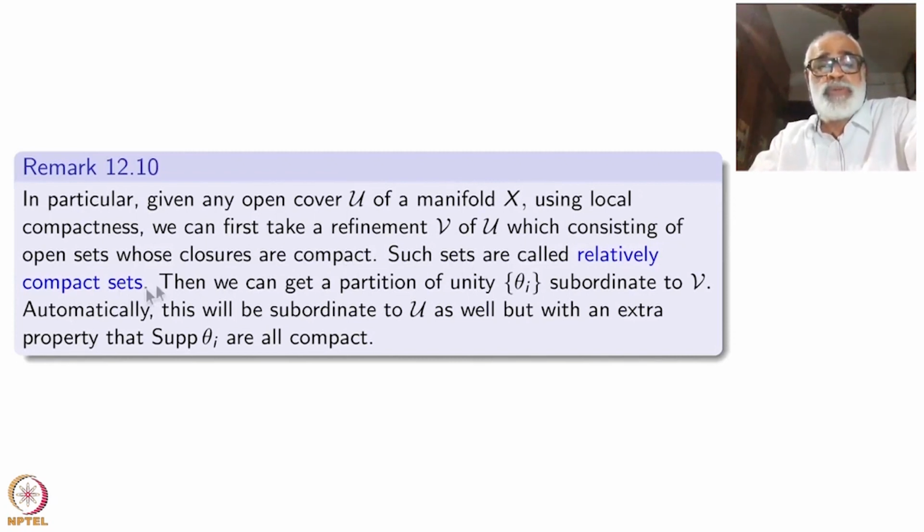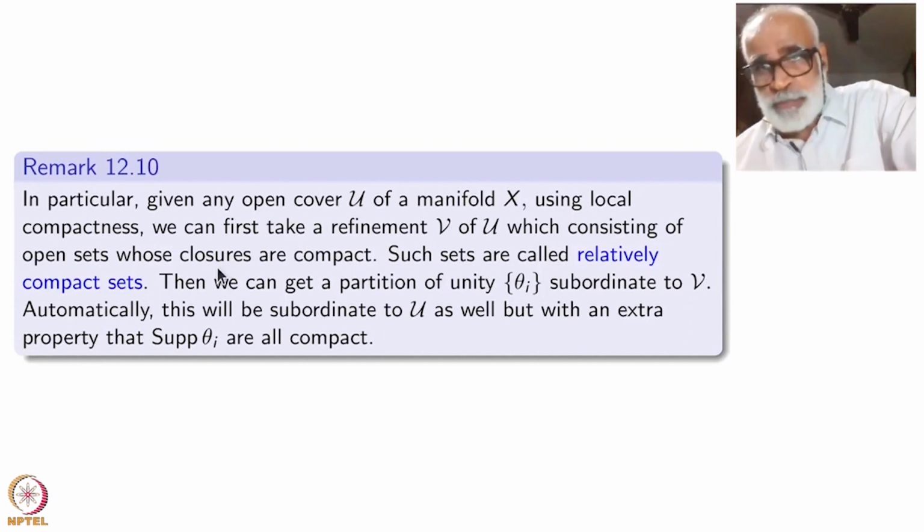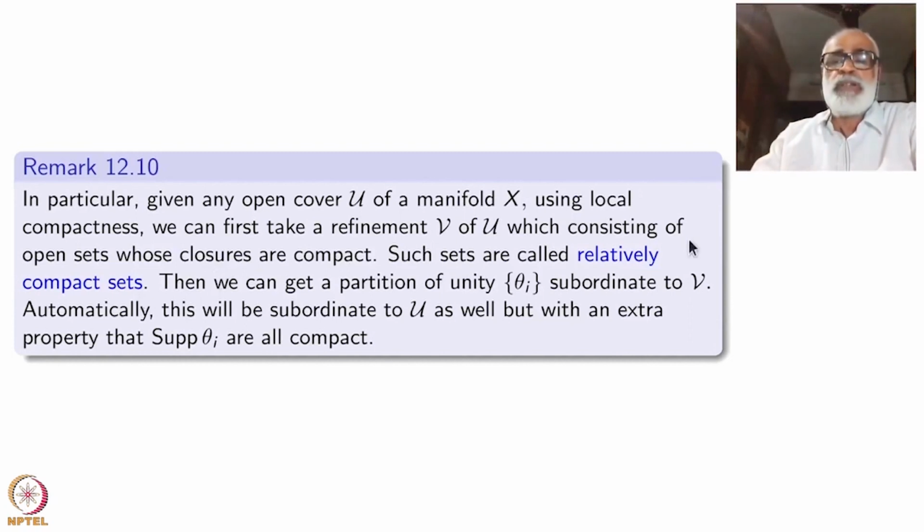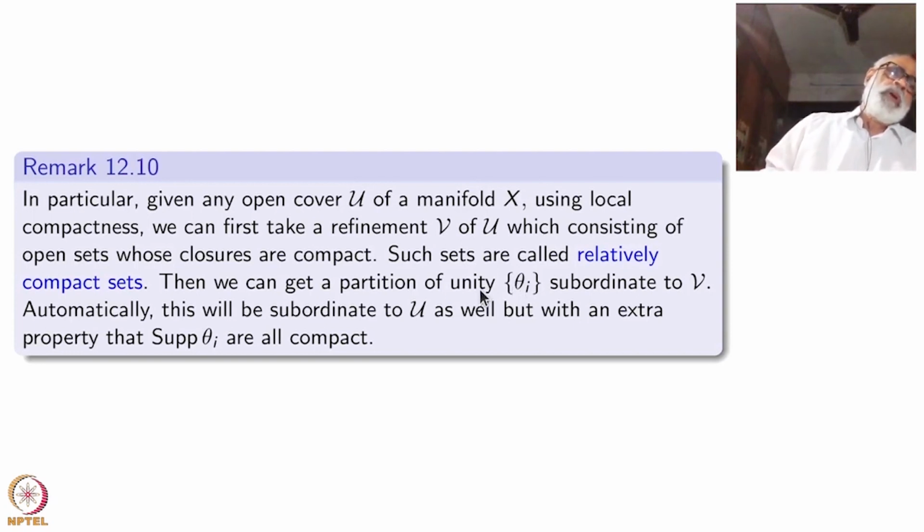See, we have never used it. So many times we have said U such that U bar is compact, right? There is terminology for that, relatively compact. You could have used that terminology. Then we can get a partition of unity theta i subordinate to this V. Subordinate means what? The support of theta i is the closure of all the points wherein theta i is not 0.